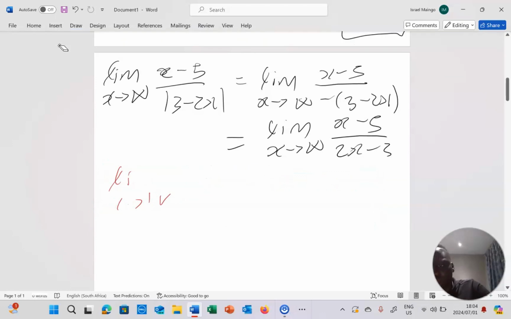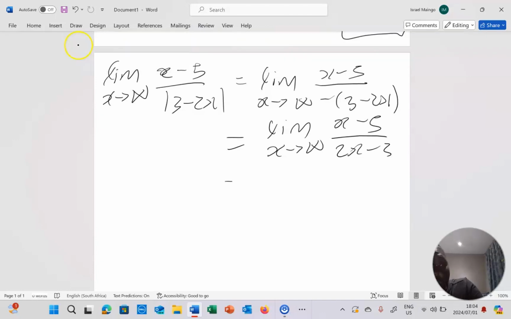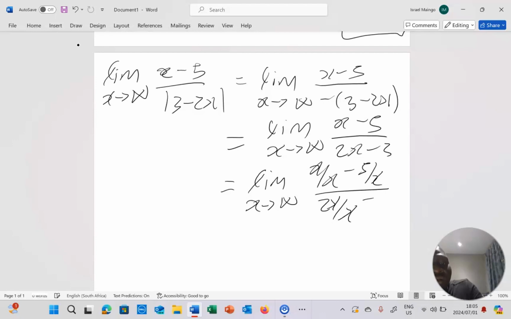So now continuing, we will divide by the power with the highest index in the denominator. So this will be the limit as x approaches infinity of x over x minus 5 over x all divided by 2x over x minus 3 over x.